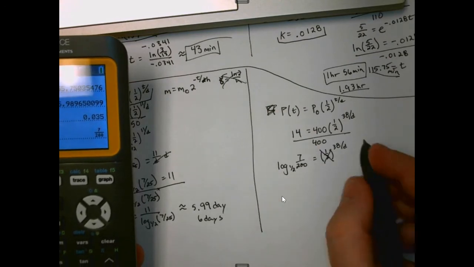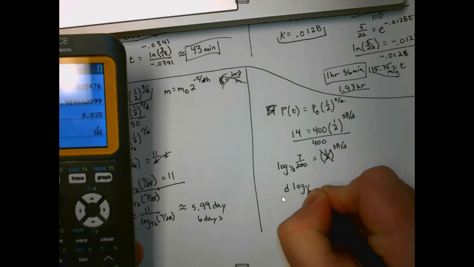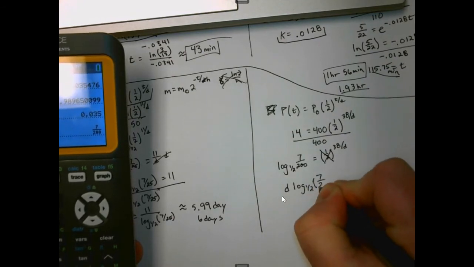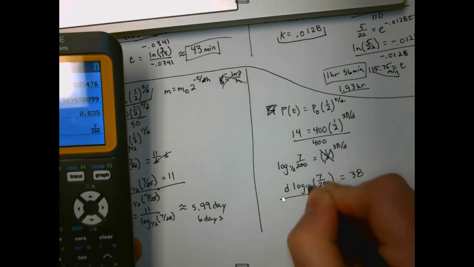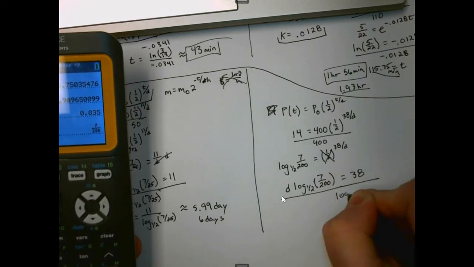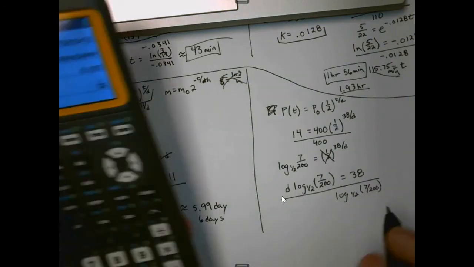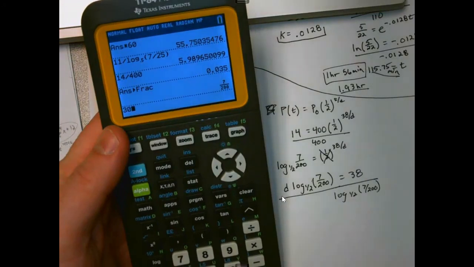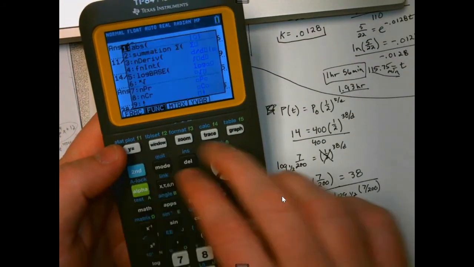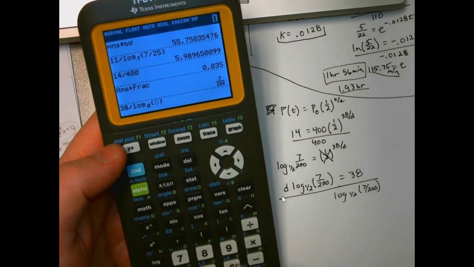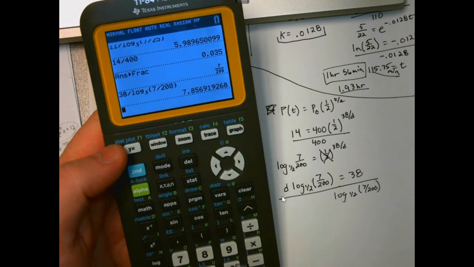And then you're going to multiply by D. So you get D log base 1/2 of 7 over 200 equals 38. And then divide by this log base 1/2 of 7 over 200. So you have 38 divided by log base 1/2 of 7 over 200.